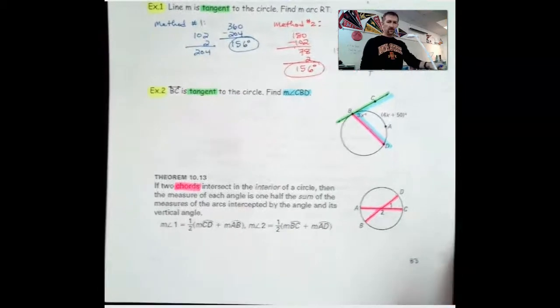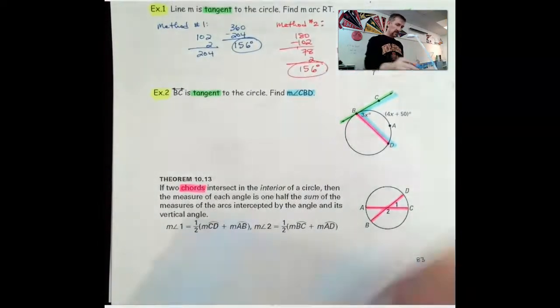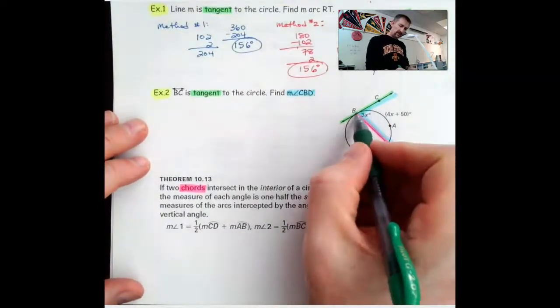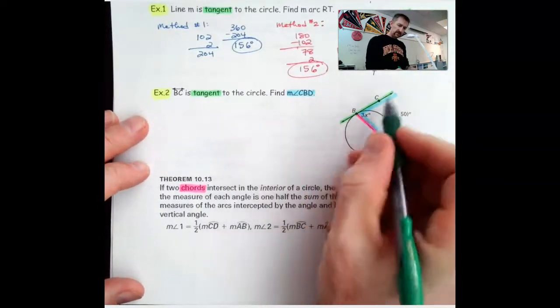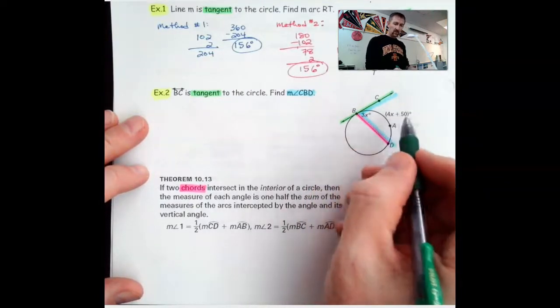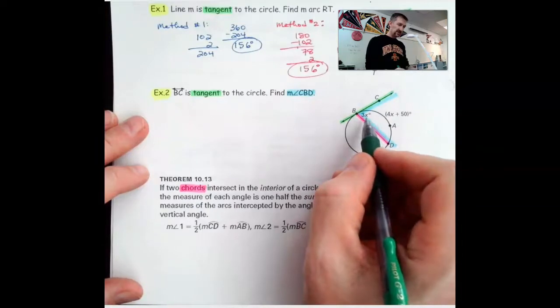All right, so because the vertex is on the circle of this angle, the angle is half the arc, or the arc is equal to 2 times the angle.